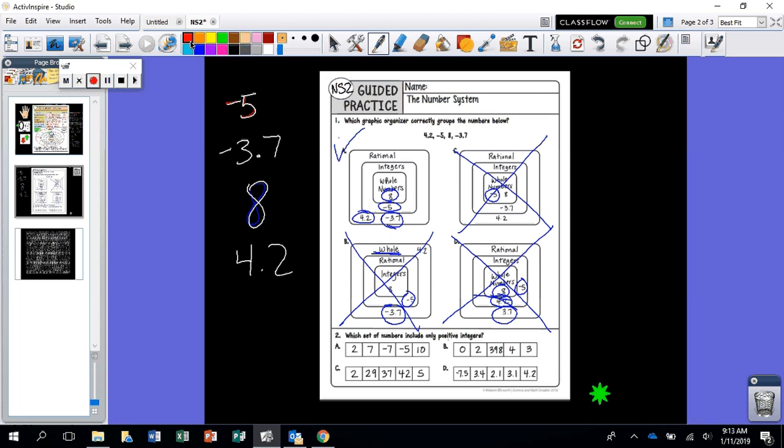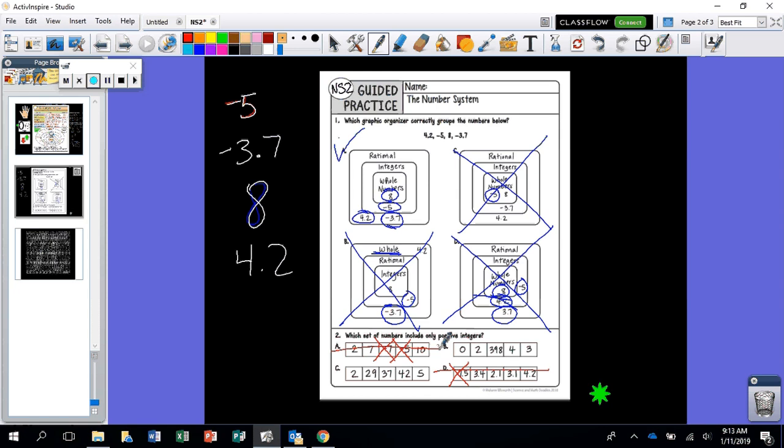And since we know that our negatives are the opposites, then positive must be those numbers who are not negative. So positive is the opposite of negative. So we cannot have any negative numbers. So now we know it is not D and it is not A.